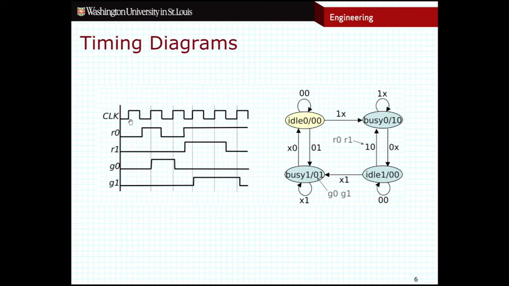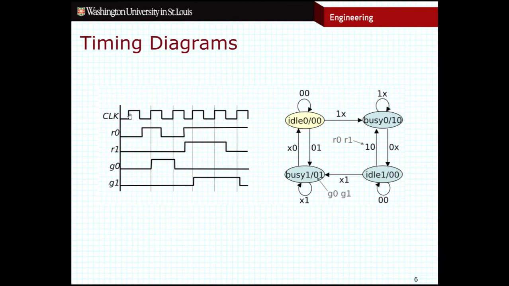Our state can only change when the clock goes from low to high, and that is because our state is being stored in a register or a series of flip-flops. And flip-flops can only change their output when the clock signal goes from low to high. So with that in mind, let's take a look at what our inputs are and see if we can figure out what states we're in at each rising edge of this clock.